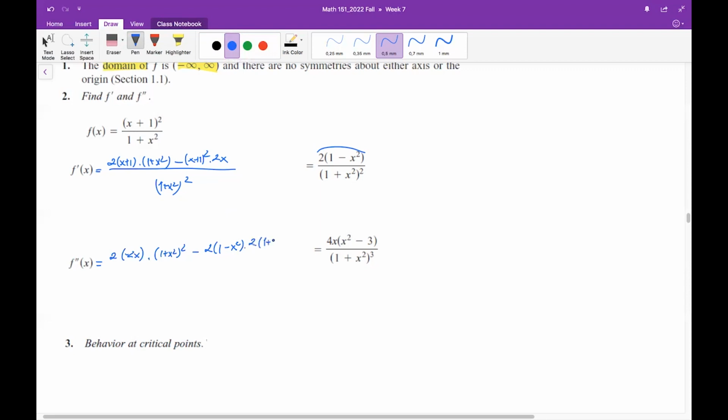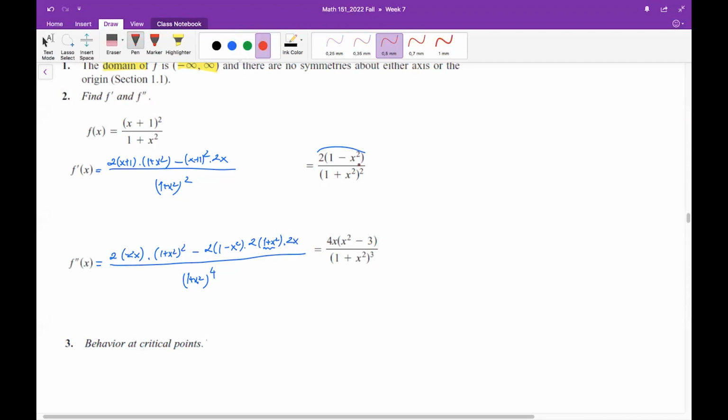Times 2 times 1 plus x squared times, you need to multiply with the derivative of the inner part, right? Which is 2x, divided by the square of the denominator function, so the power is 4 then. So if you do necessary simplifications, you will find this expression.